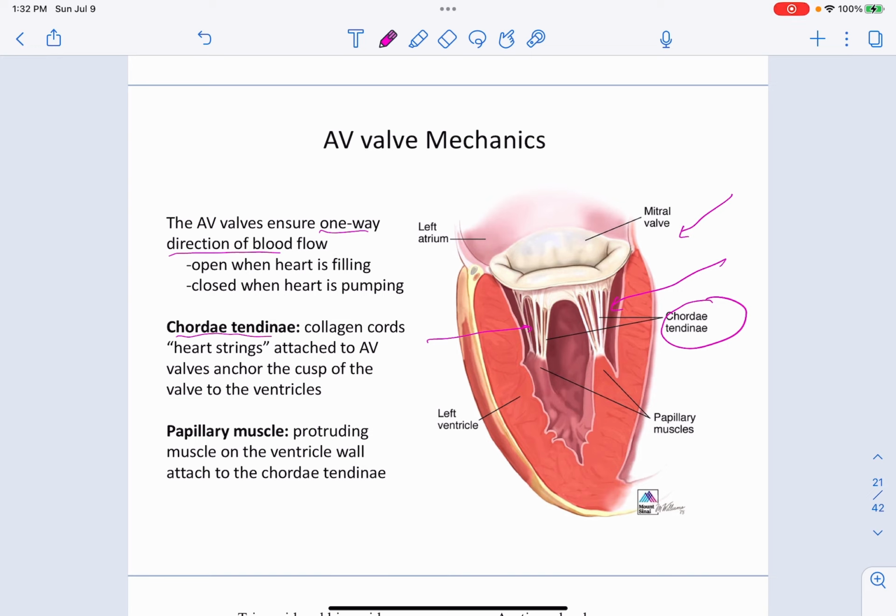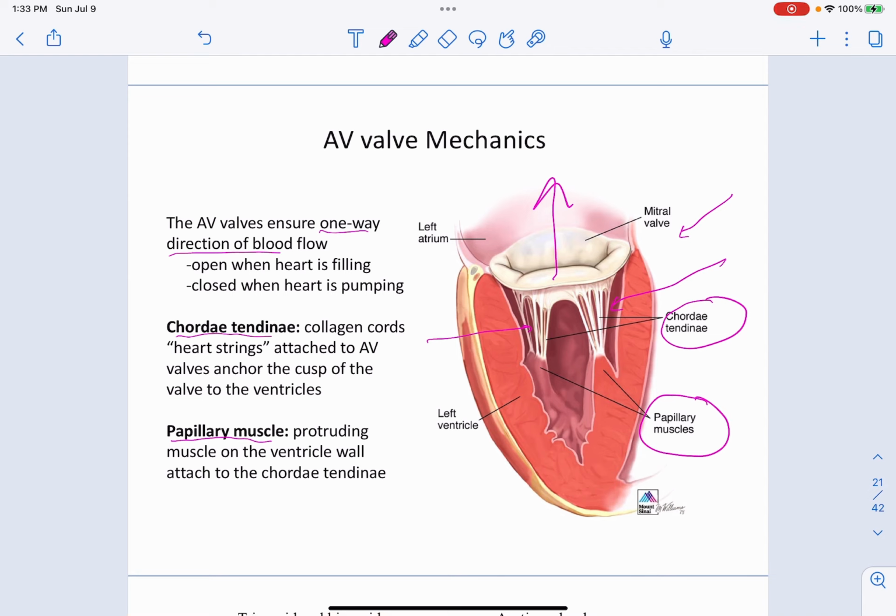And those strings are attached to a muscle, which you can see really well during dissection, called the papillary muscle. These are going to protrude out. They're rather large, protruding from the ventricle wall, and they attach to the chordae tendineae to make sure that the valve doesn't flow up this way and blood would then eventually escape.